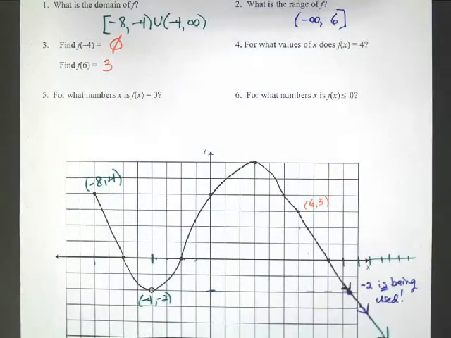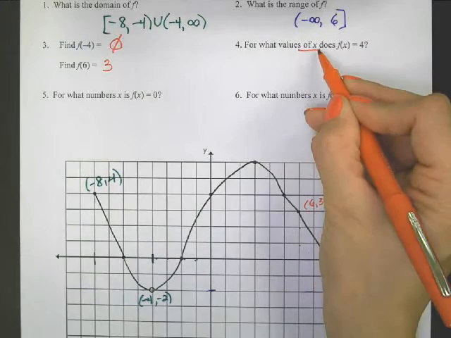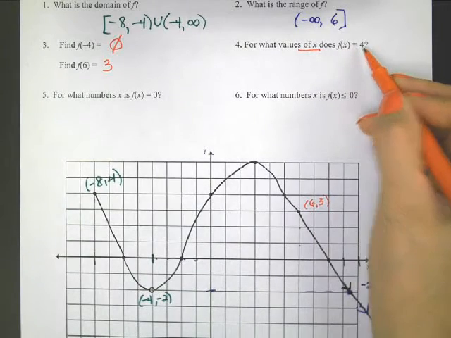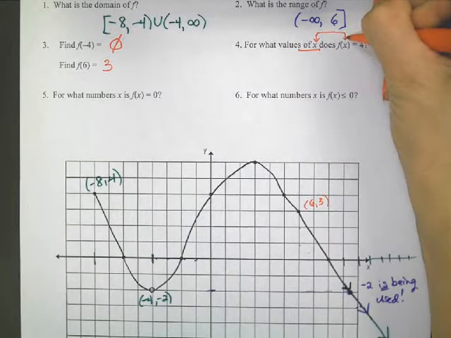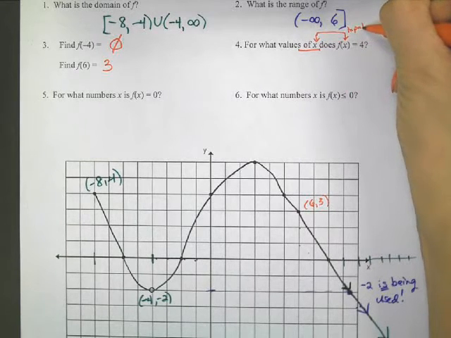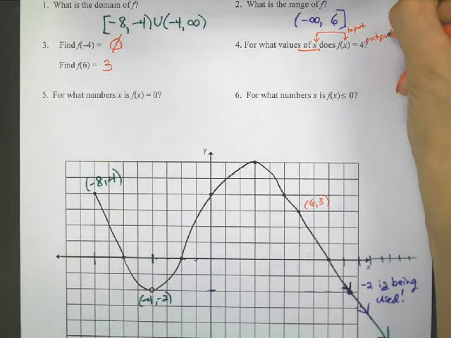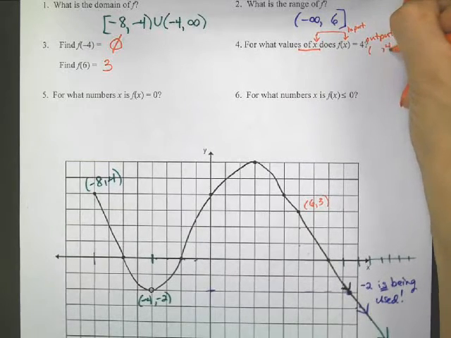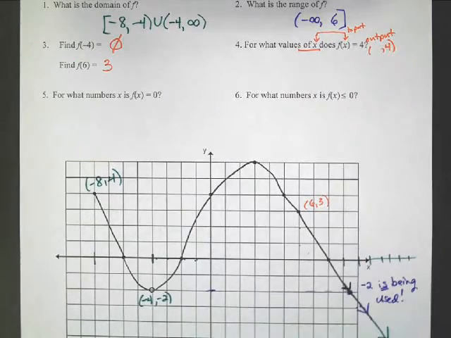For what x values, now this is a different question. For what values of x does f of x equal 4? So they want x values. X values means input, and 4 is the output. And when I say output, that means the y is 4. So I'm trying to find where do we have a 4 for the y?